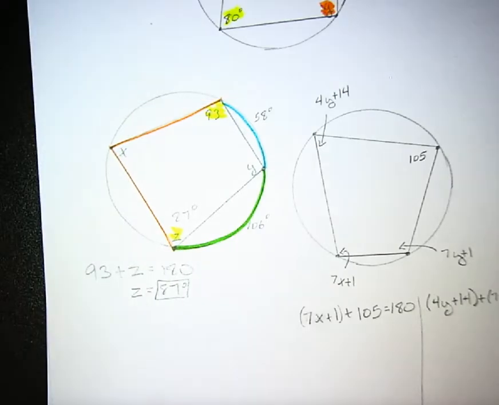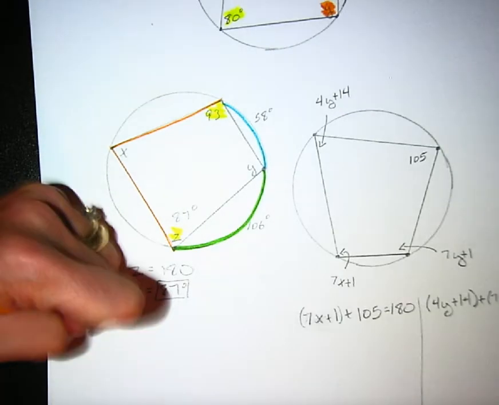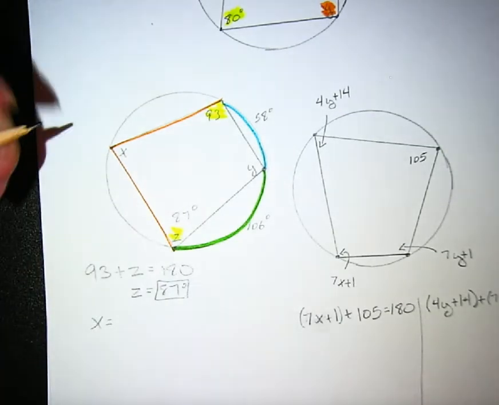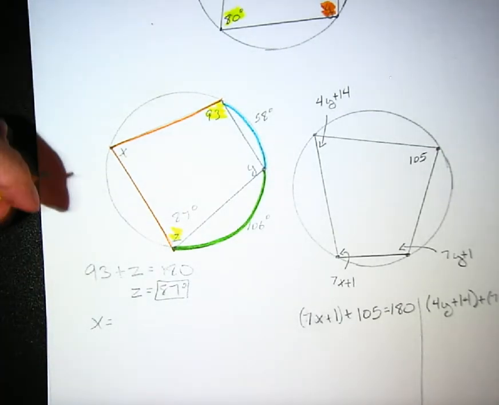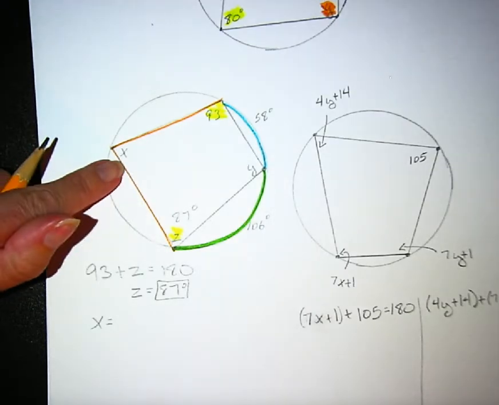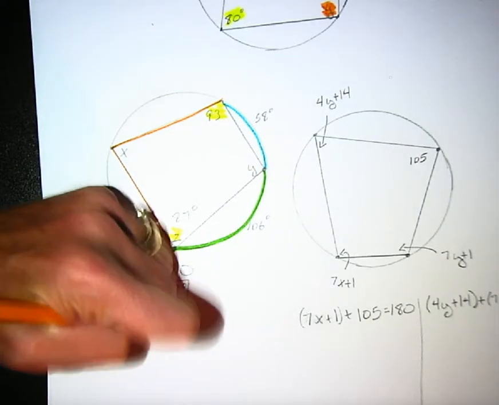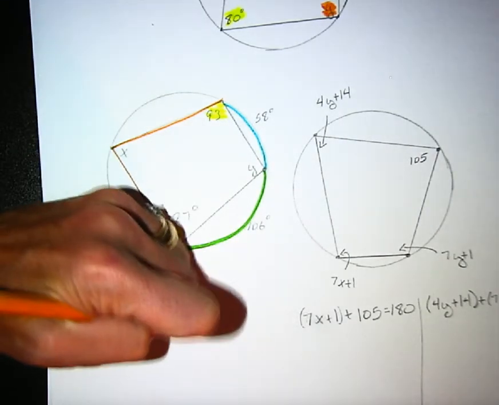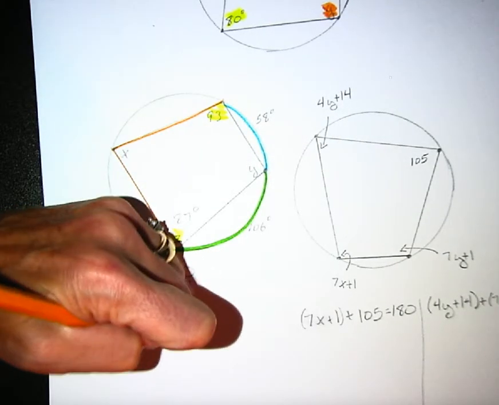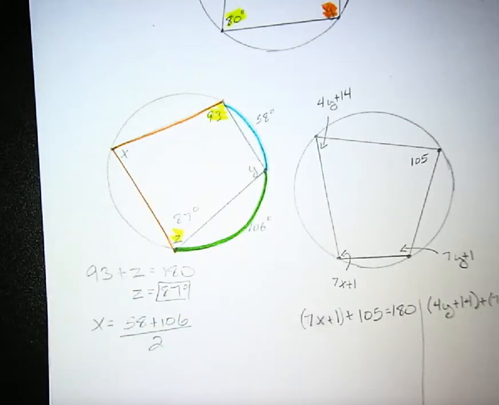Oh wait, the measure of angle x is an inscribed angle, so it is half of that arc. So it's going to be 58 plus the 106 divided by 2, because it's half of it.